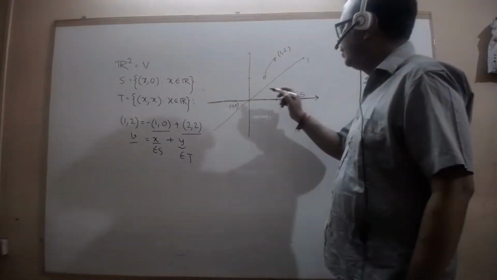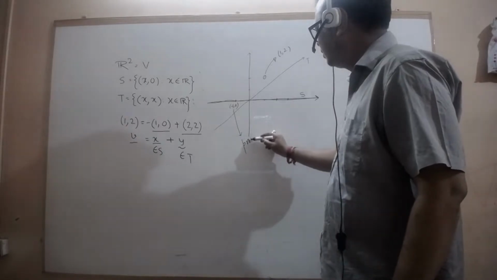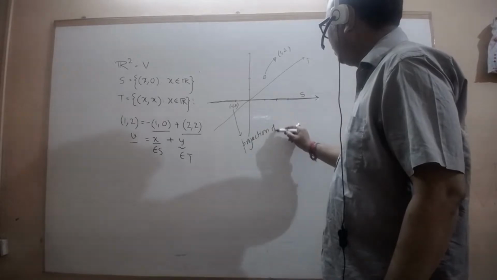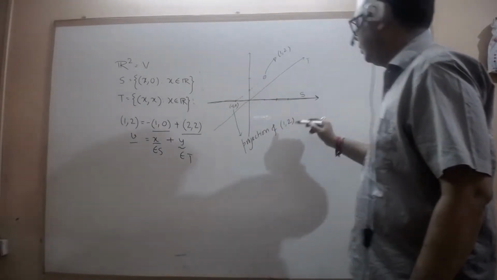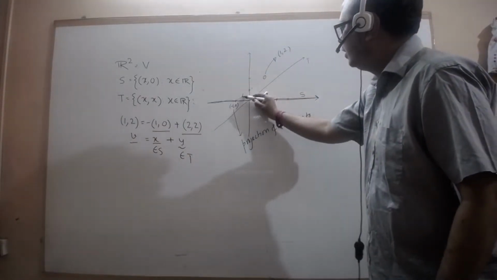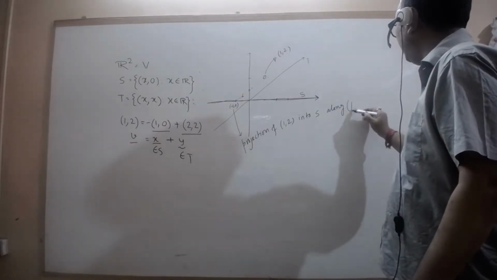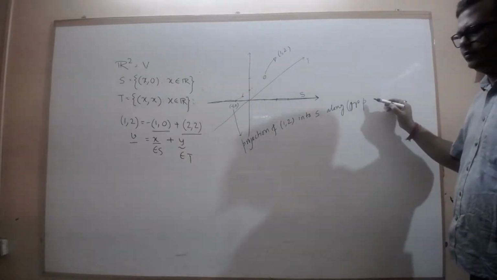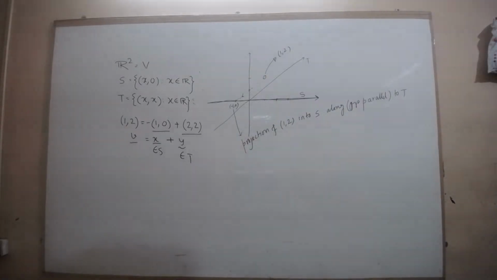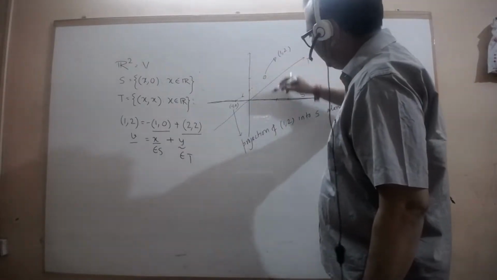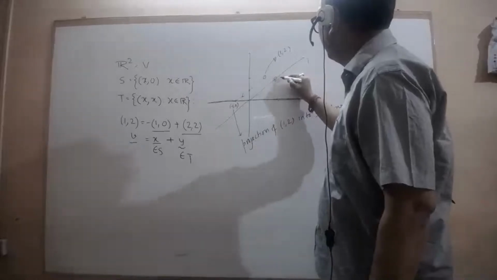So (-1, 0) is the projection of what? This vector (1, 2) into S, and this is along or parallel to T. Similarly, this (2, 2) lies in here.